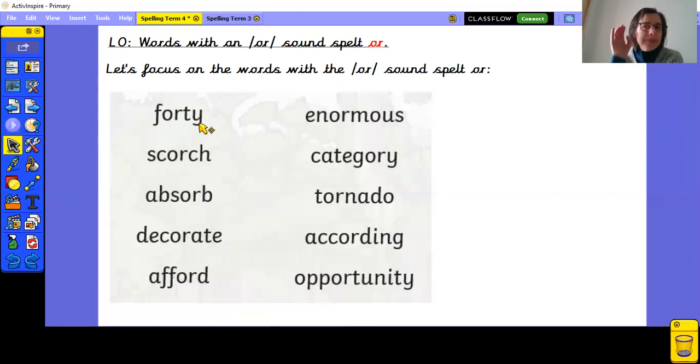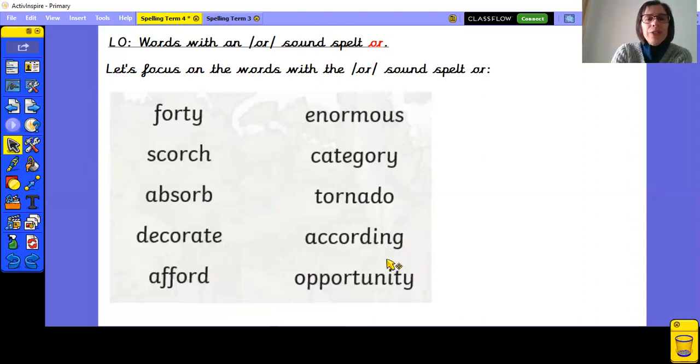So forty, scorch, absorb, decorate, afford, enormous, category, tornado, according, and opportunity.